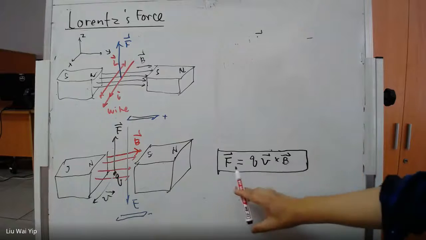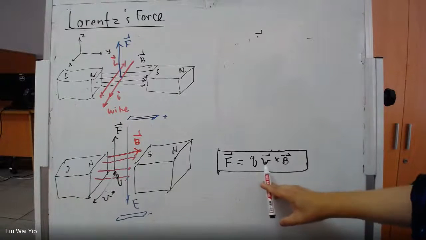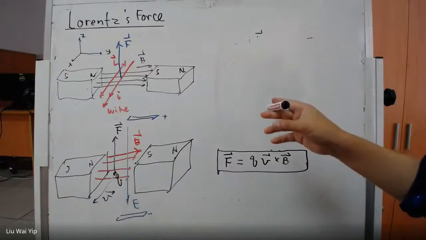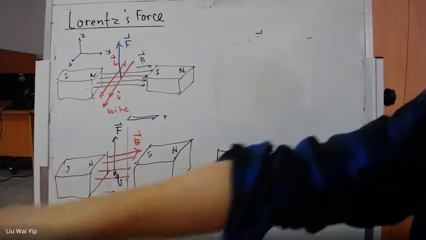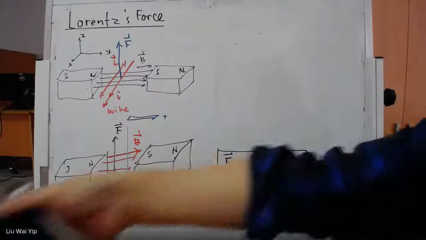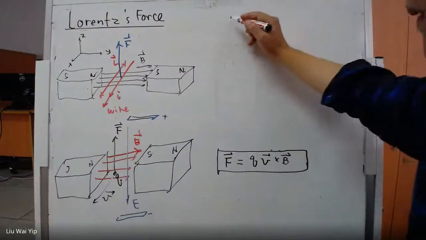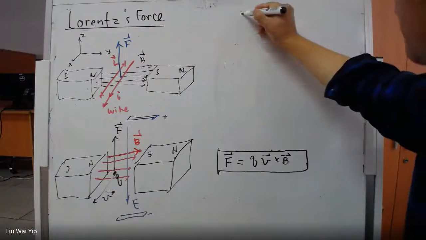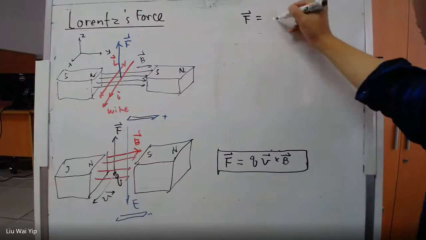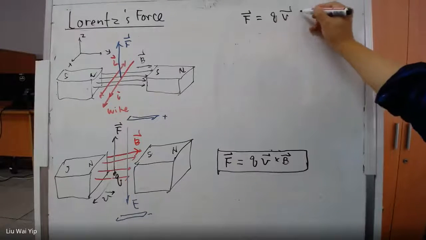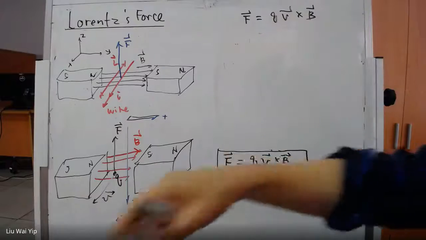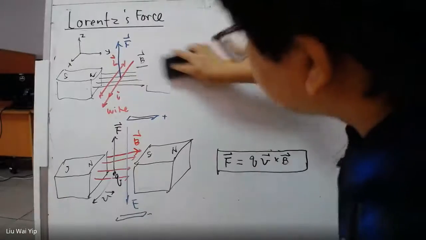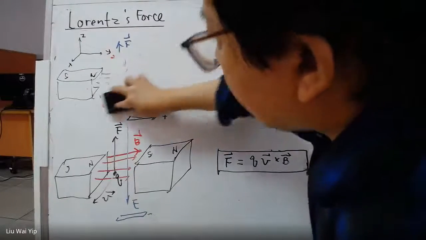Our conclusion was the force is given by Q, V cross B. We have already got this. Force is equal to Q, V cross B. And let's erase this diagram.